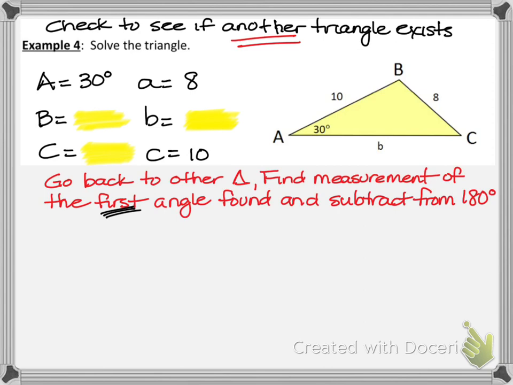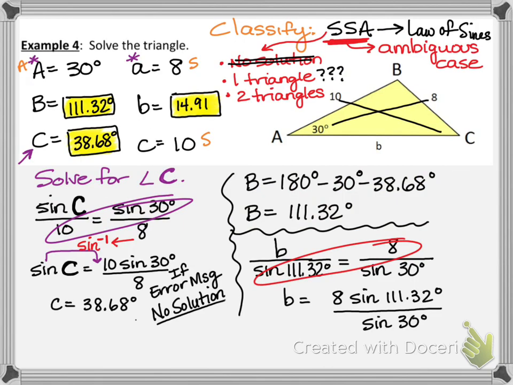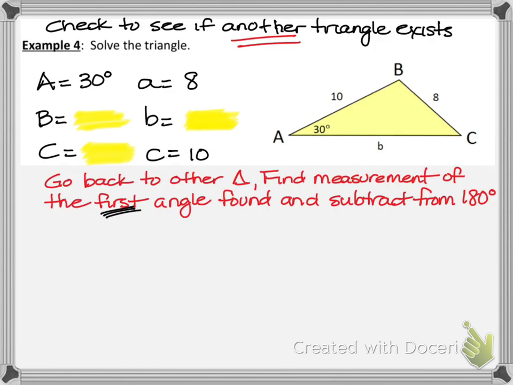So I'm going to go back to the previous page. What was the first angle you found? So hopefully you are noticing that the first angle I found was angle C. Okay? That was the first thing you found. Angle C was 38.68. So what I want you to do is subtract 38.68 from 180.